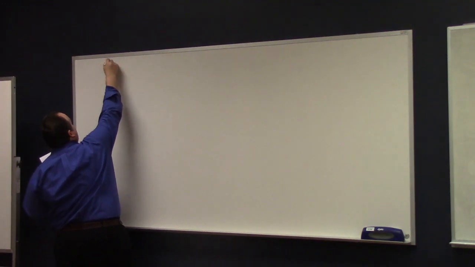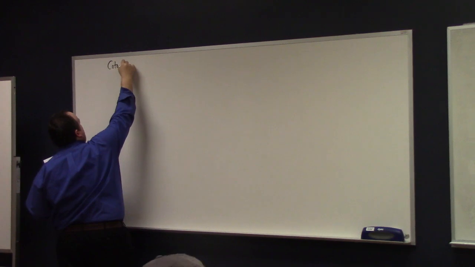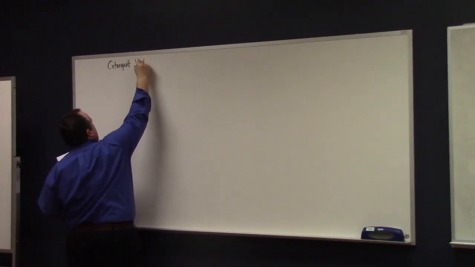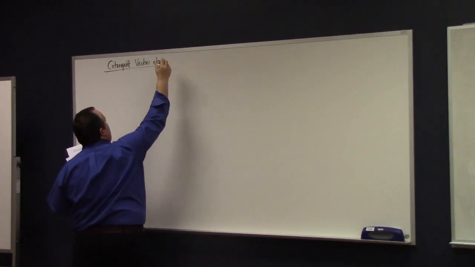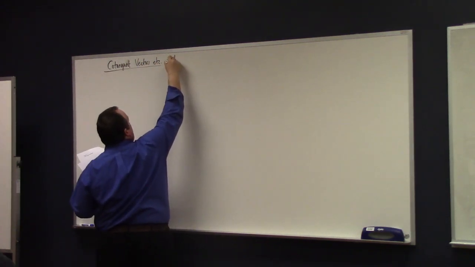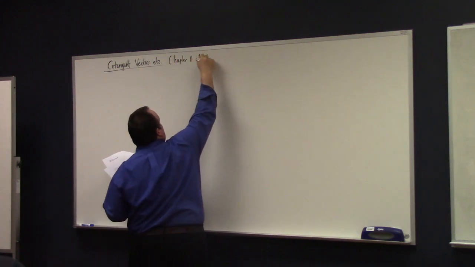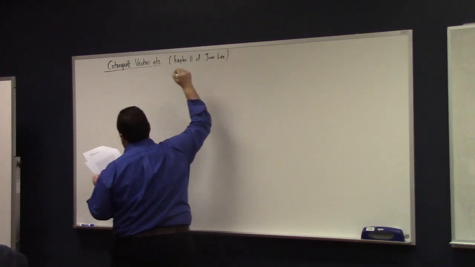So let's talk about cotangent space, cotangent vectors, etc. We are in chapter 11 of John Lee's book.